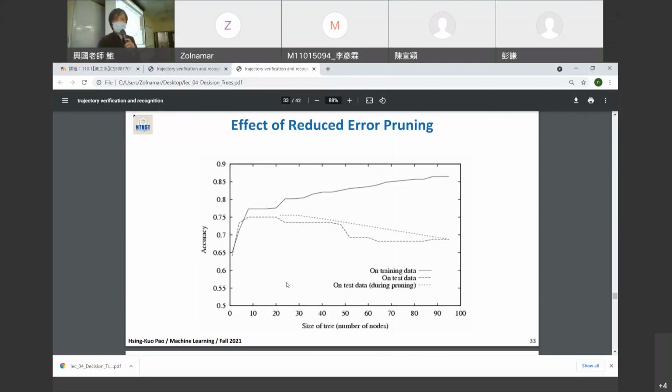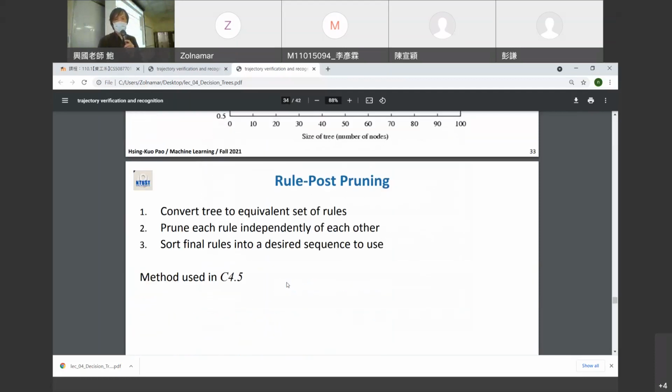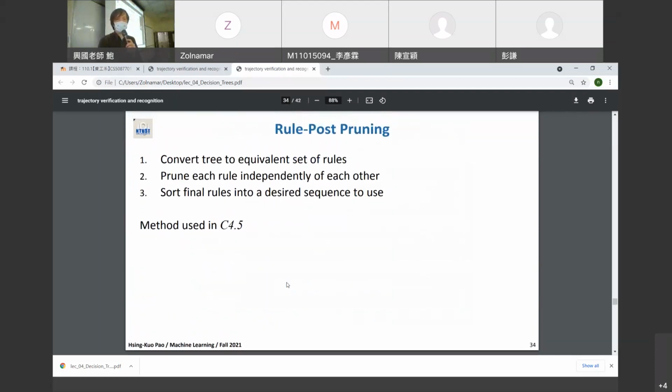So how do we do post-pruning? Here we introduce rule-based post-pruning. First of all, we turn the model into rules. How do we make rules?